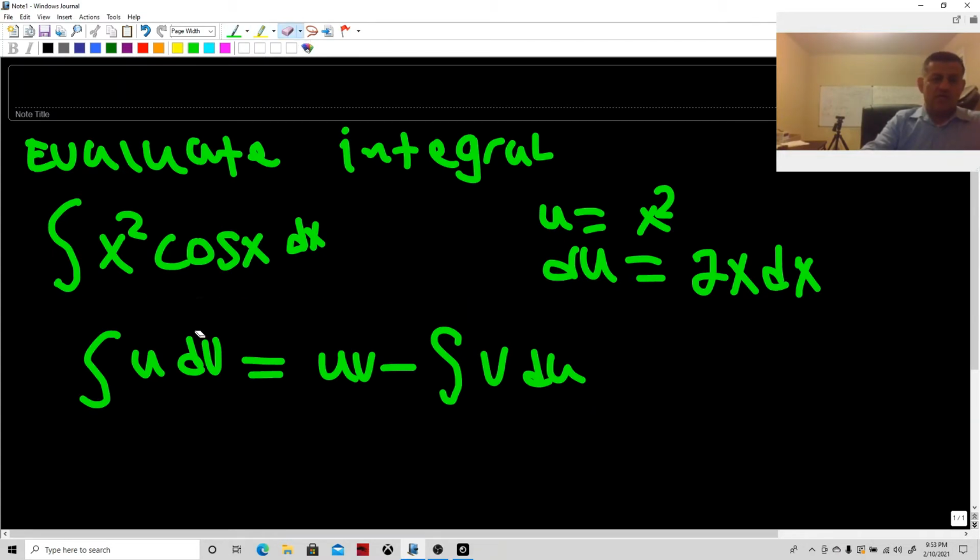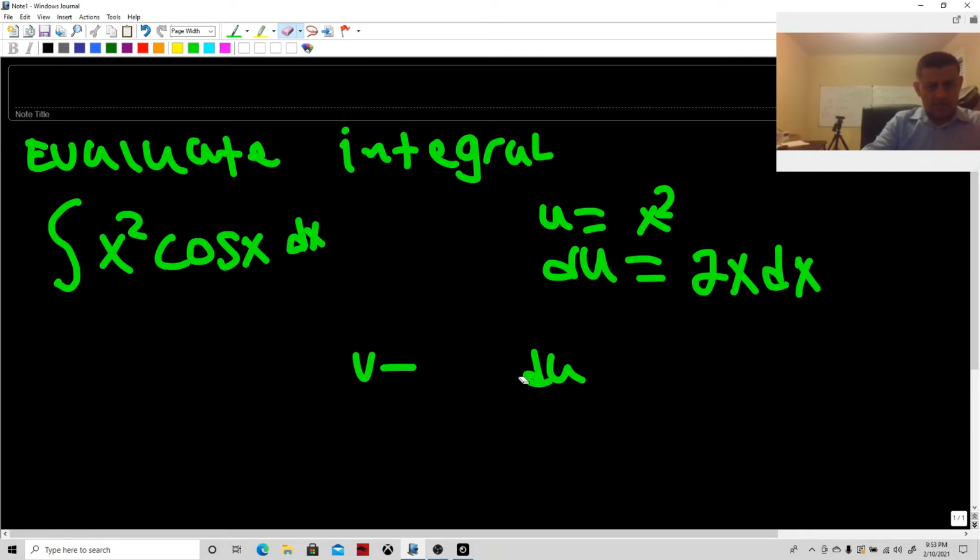So, okay, with that already kind of cleared up of what we're doing, we have a uv, right? So we have to find uv. We already let u is equal to x squared. We need to find v, right?